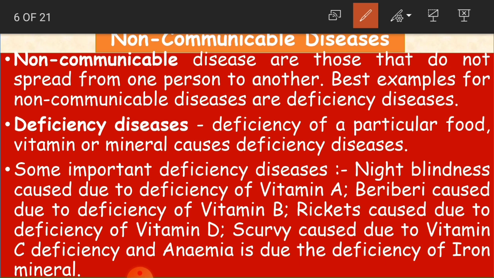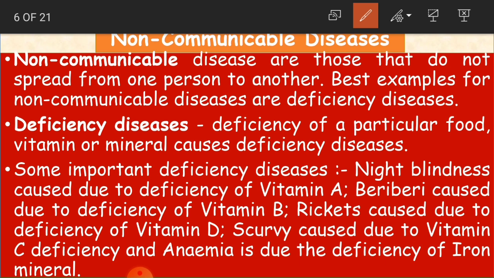We don't have proper growth. So this is all of vitamin D. Okay, children. And scurvy is caused due to vitamin C. Scurvy, in the sense, we'll have bleeding in our gums. That is also because of vitamin C deficiency.